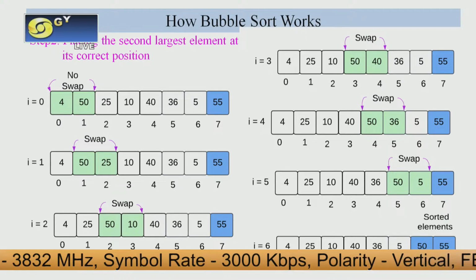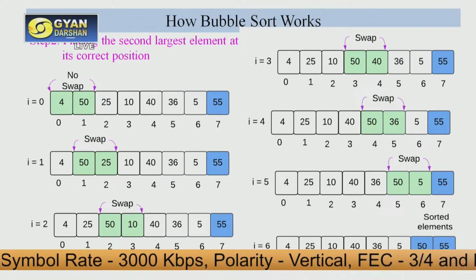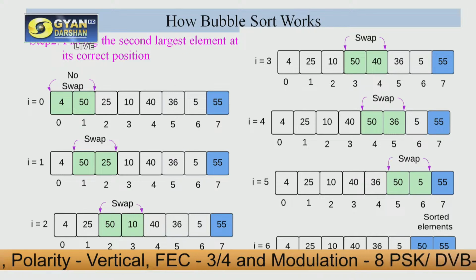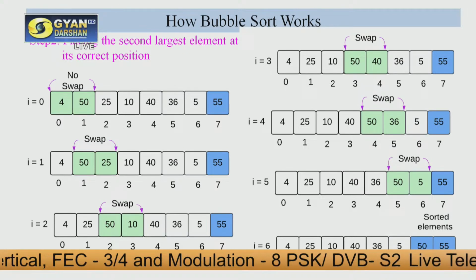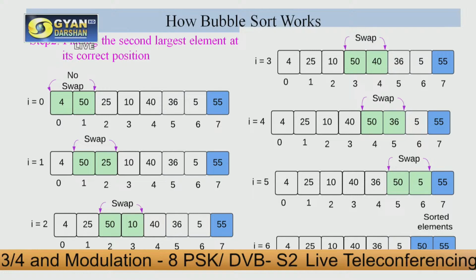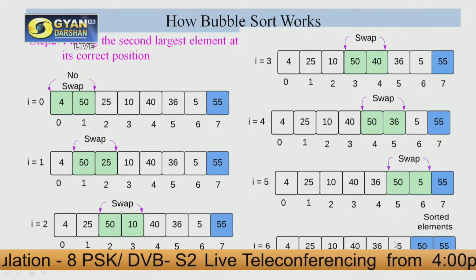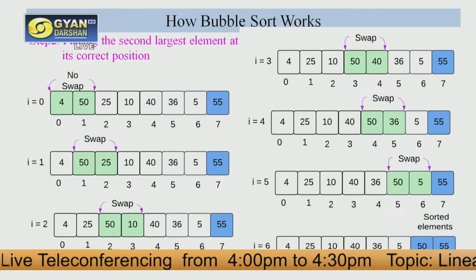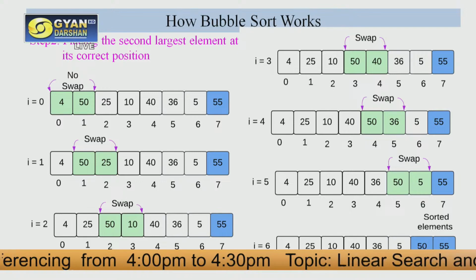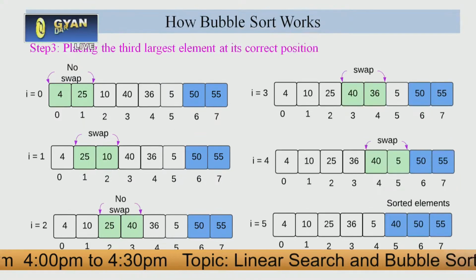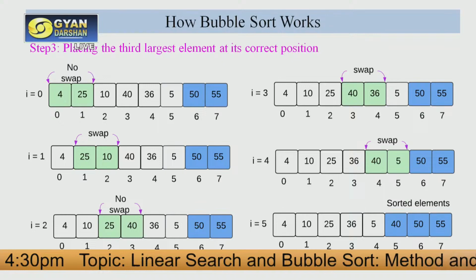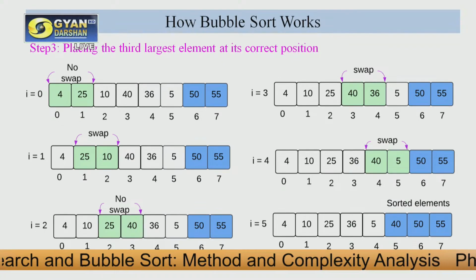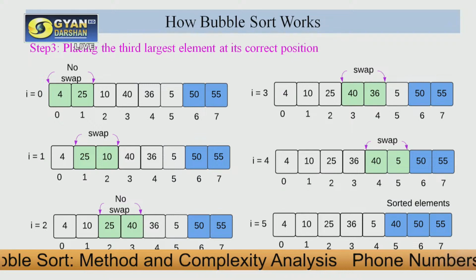Now the next pass starts. Again the same process will be repeated, but now it will be done till the third last location, because the last two elements are already placed at their appropriate places. So in pass 3, or step 3, again the first is compared with the second, no swapping because 4 is smaller.